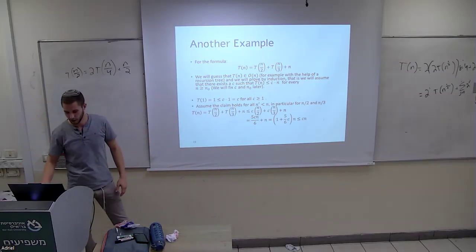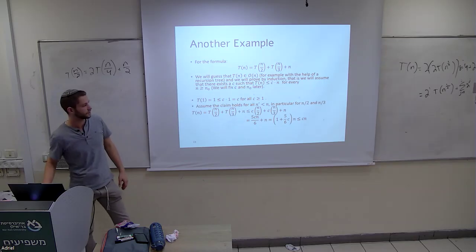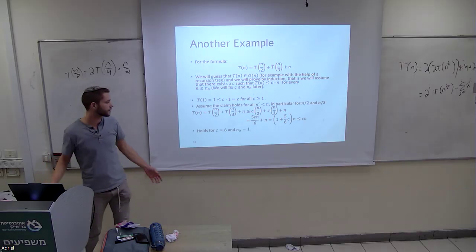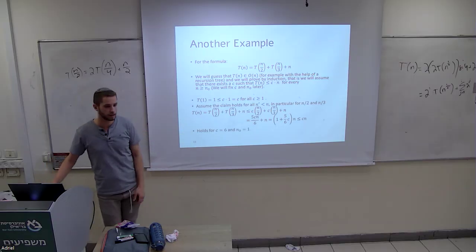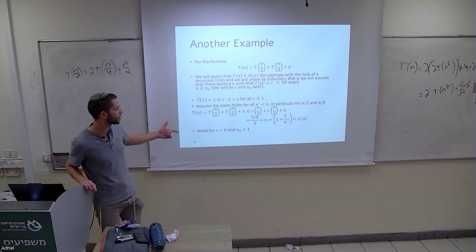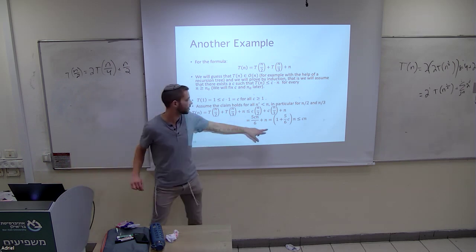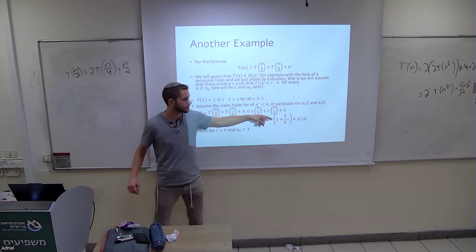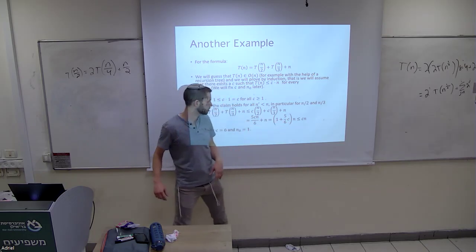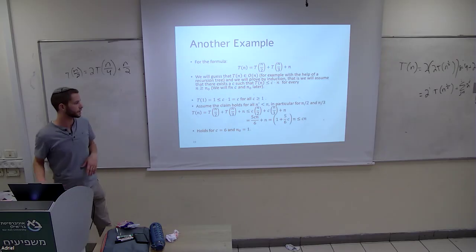And then you have to say it holds for a specific c. If you would use a c that's smaller than 6, this inequality wouldn't work. So you have to take a c that's bigger than 6.